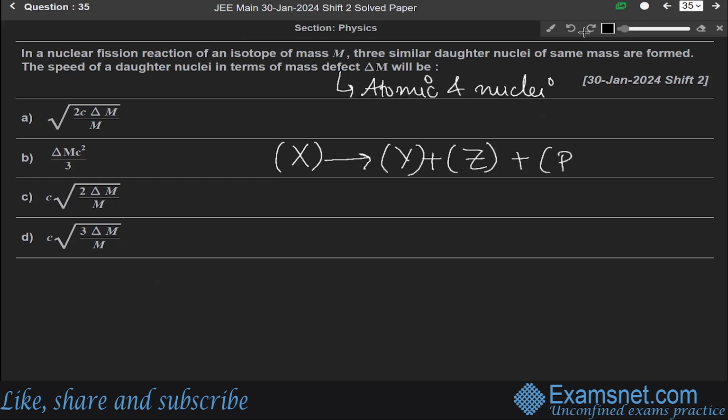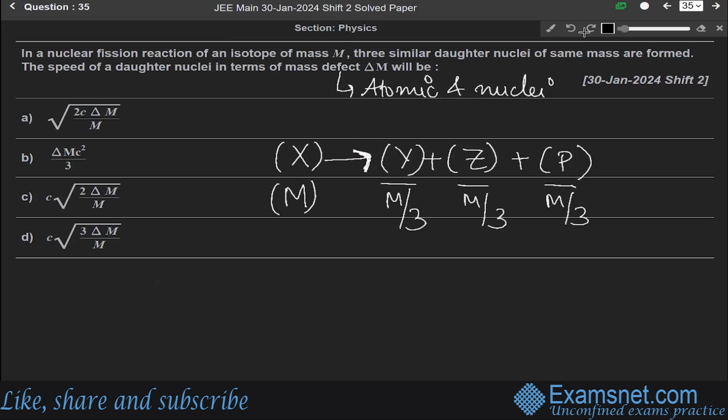The nuclear fission reaction occurs, and it breaks down into three parts, Y, Z and P. Let us say the mass is capital M, so their masses will be M by 3, M by 3 and M by 3, each having the same mass.